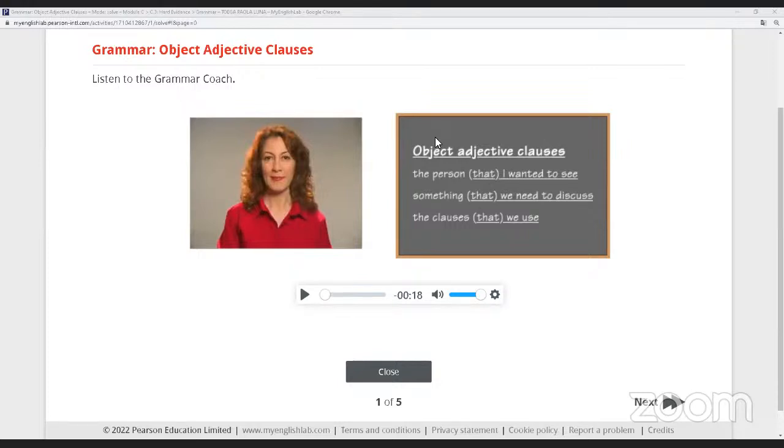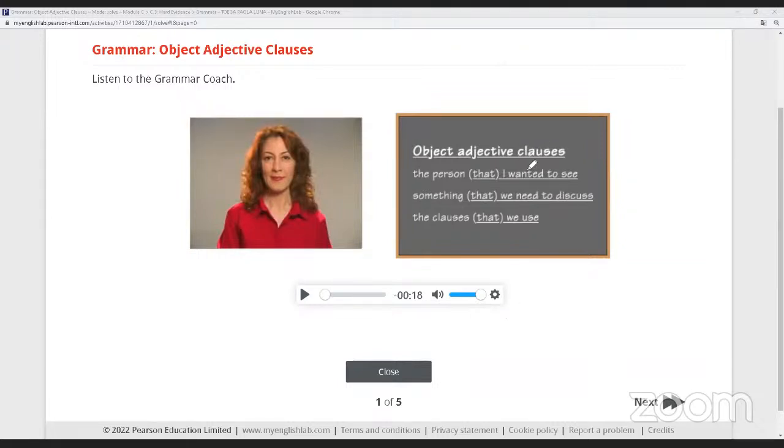Can you see my screen? Yes, Miss. Okay, great. So we have different kinds of clauses, right? This is what you've seen maybe: compound, complex clauses and simple clauses. But we're not gonna see something like that.